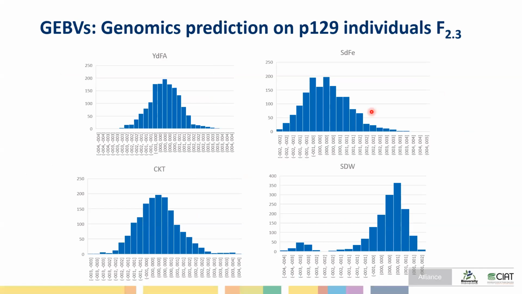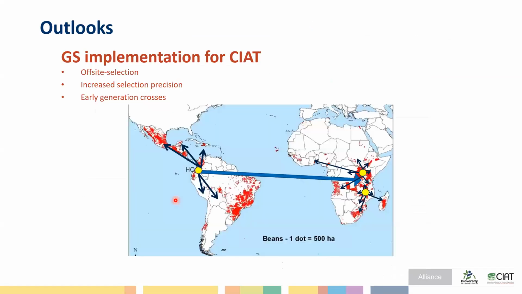And for the moment, these are our preliminary results. Here you can see the genomic prediction of 800 F2 and F3 individuals, and you can see the normal distribution in these traits. The data is normalized, and you can see the first step in our breeding program to start to advance this strategy.